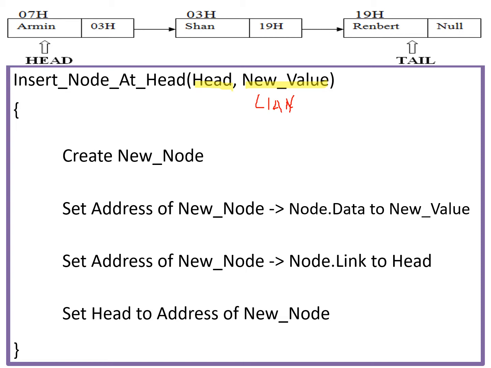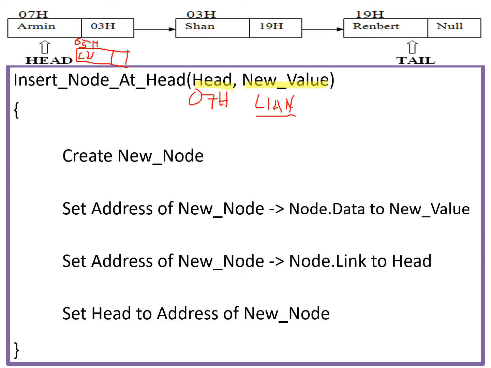Lian will be assigned to the node.data of the new node. So head is 07H. Previously, in our given linked list, 07H is our head. Now, if we're going to insert a node at the head, the process is you're going to create a new node. Let's say the address is 05H. Then we assign the new value to node.data.